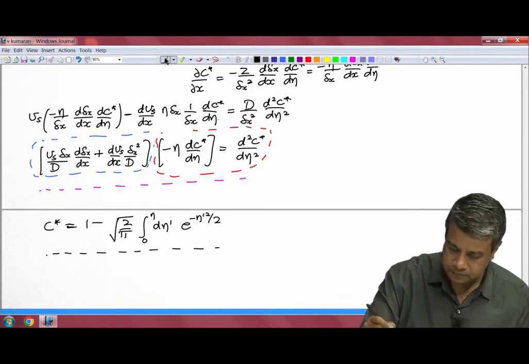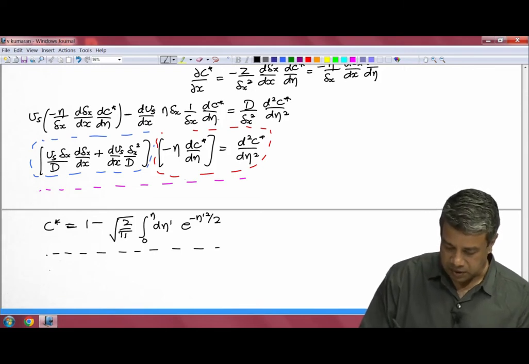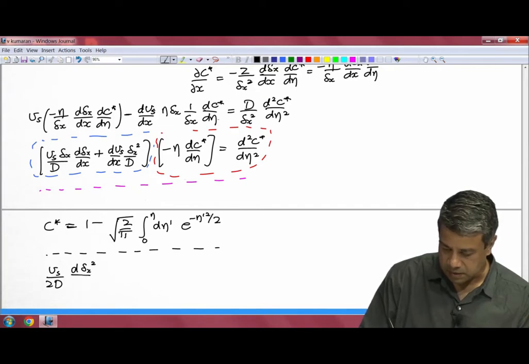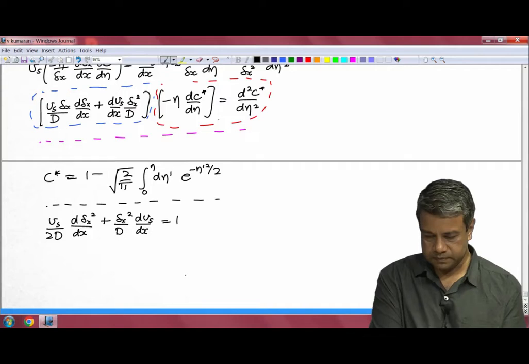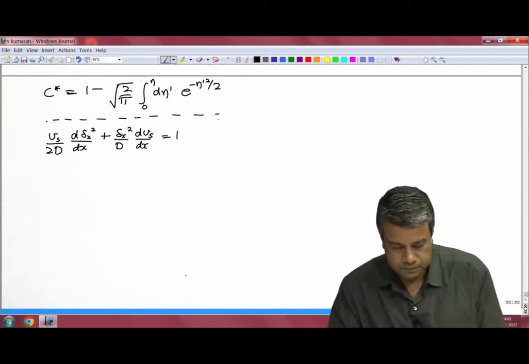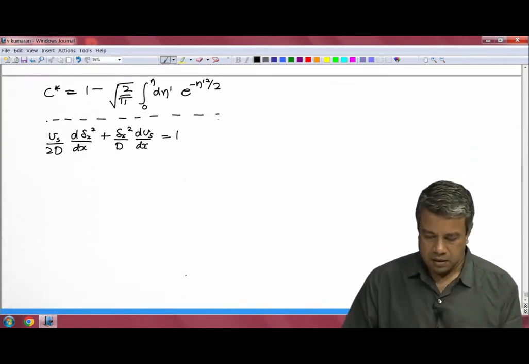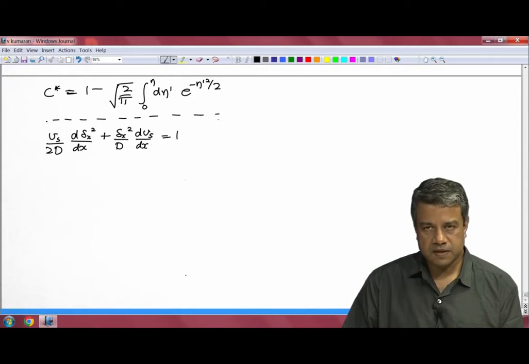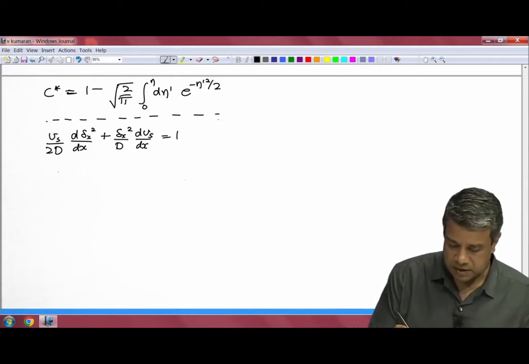I can rewrite the blue part as Vs by 2D d delta x squared by dx plus delta x squared dVs by dx, and this is equal to 1. Divide by the prefactor of the first term on the left to get a first order inhomogeneous equation.